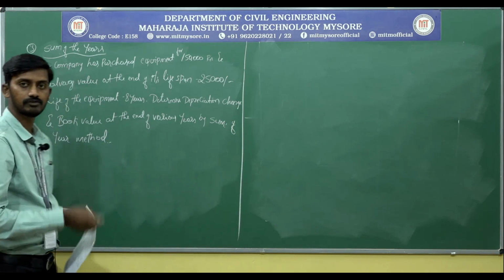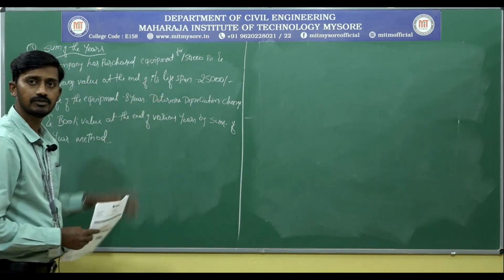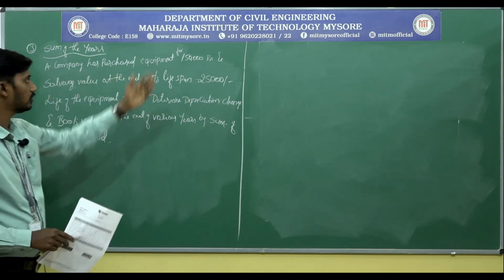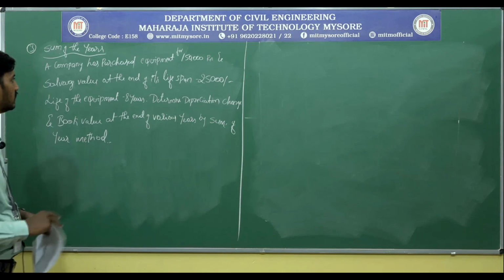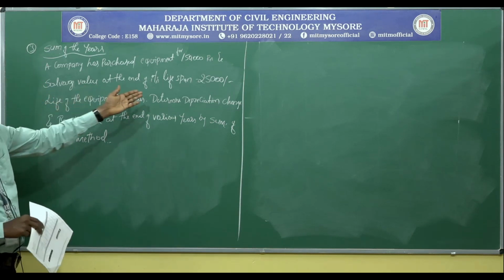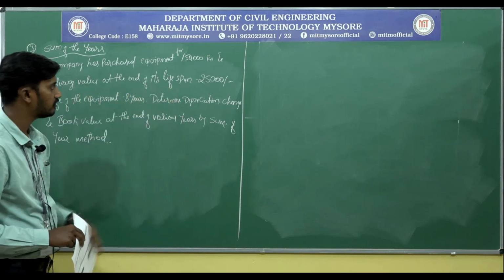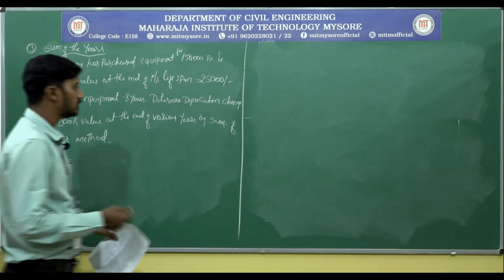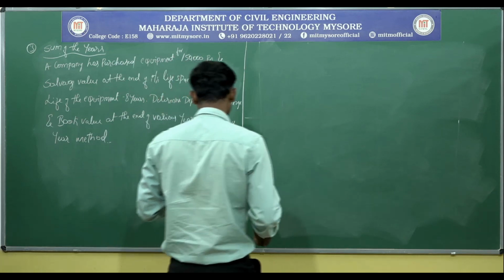In this method we need to solve. So what is the information given? A company has purchased an equipment of cost 1,50,000 initially, which has a salvage value at the end of its lifespan of 25,000. Life of the equipment is 8 years.